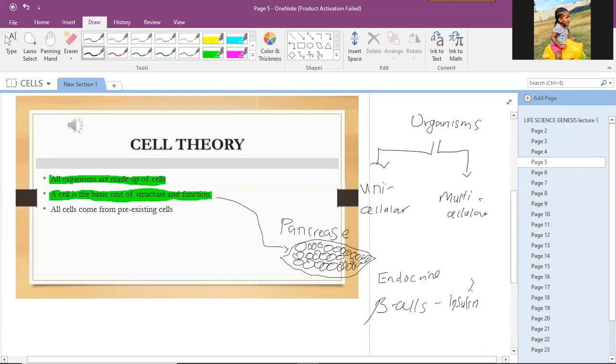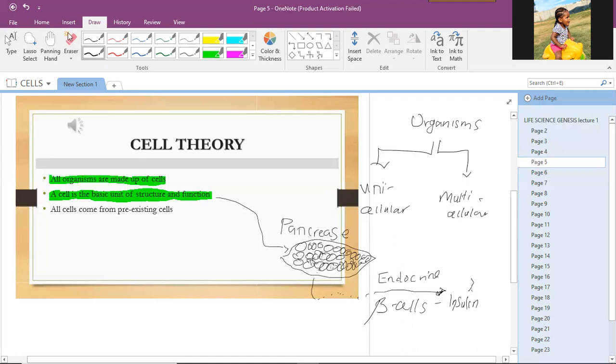The cells have given this pancreas its structure, but these same cells are also performing a particular function. They are releasing a hormone known as insulin that controls your blood sugar levels. So this is what I mean when I say a cell is a basic unit of structure and function.